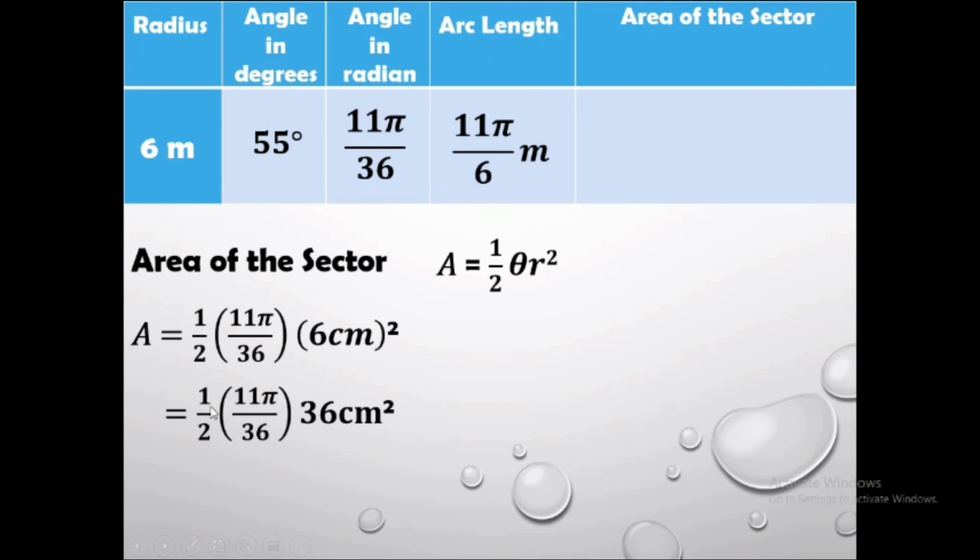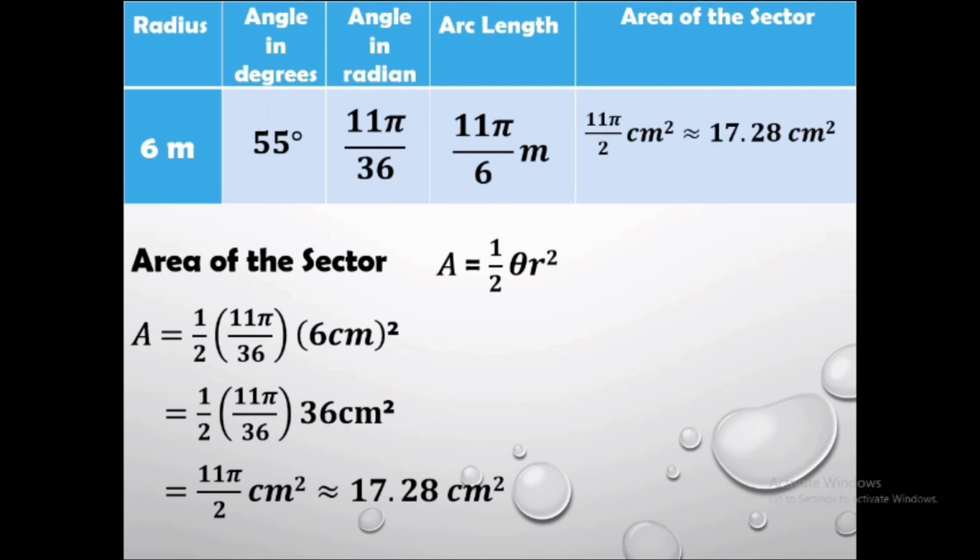So, we have 1/2 times 11 pi over 36 times 36 centimeters squared. Then, we are going to cancel the 36. So, what is left is 11 pi over 2 centimeters squared, approximately 17.28 square centimeters. So, that is the area of the sector.